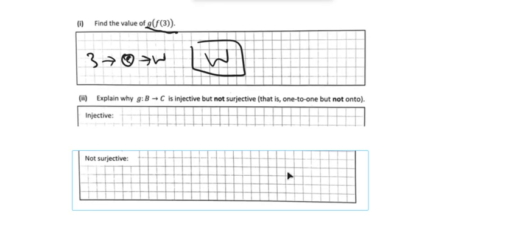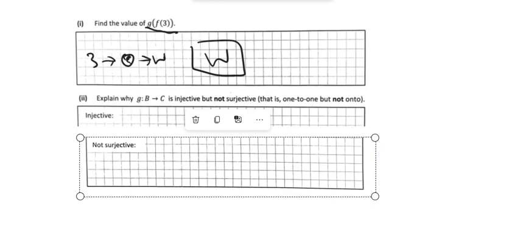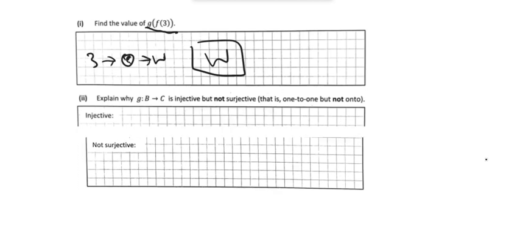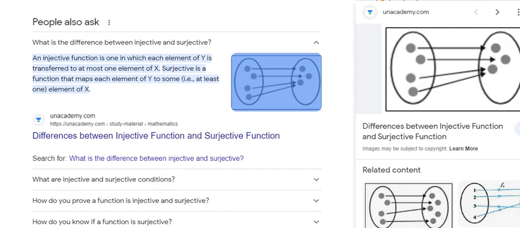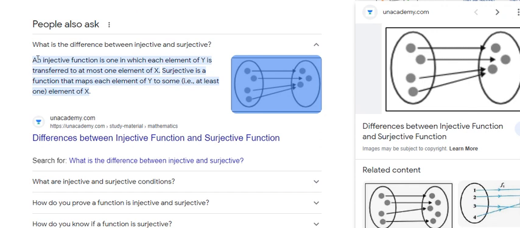The next bit is injective and surjective. So we'll have to explain why B to C is injective but not surjective. So I just googled quickly the exact definitions, so you need to know what injective and surjective mean, obviously, and a lot of people wouldn't, you might not have focused that much on your revision on this.